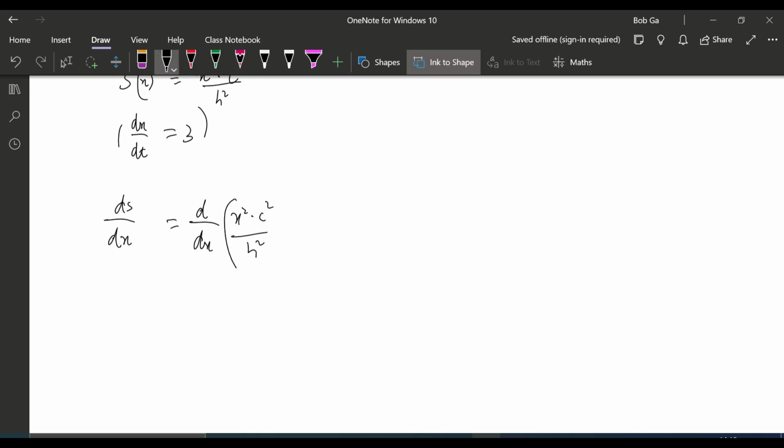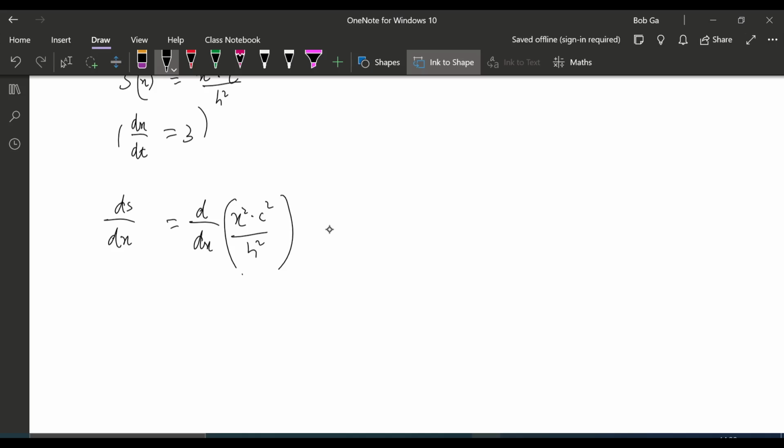So that's our ds over dx there. So now we need to calculate ds over dx. So we need to differentiate. So let's differentiate this one in brackets, when we multiply by the coefficient. So remember the differentiation.